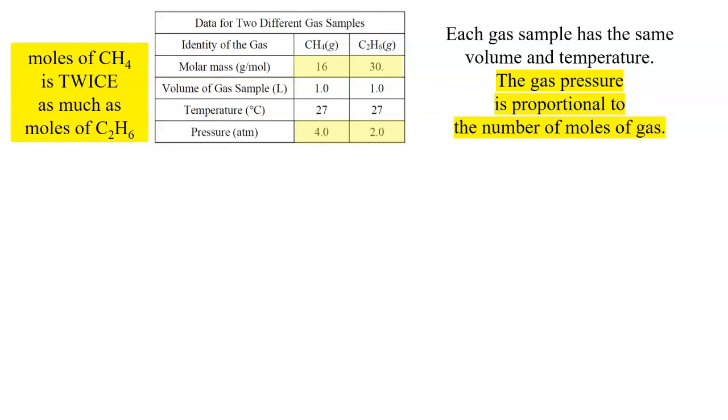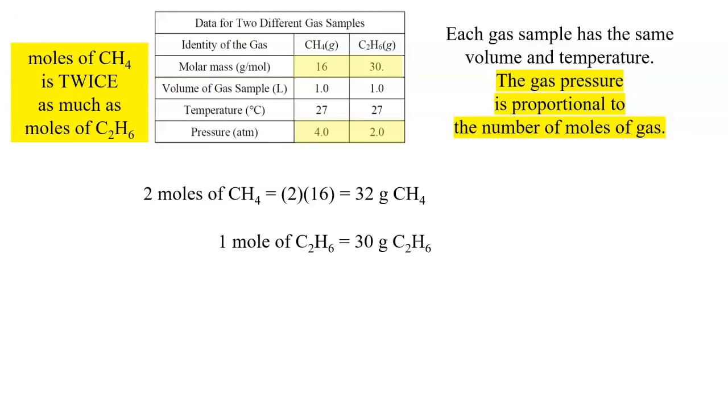And we've already determined, based on that pressure ratio, that the number of moles of CH4 is twice as much as the number of moles of C2H6. So 2 moles of CH4 would have a total mass of 32 grams. 1 mole of C2H6 has a total mass of 30 grams.